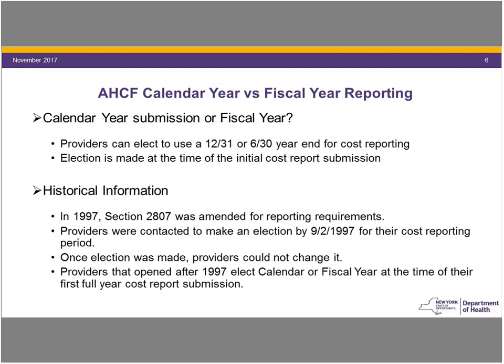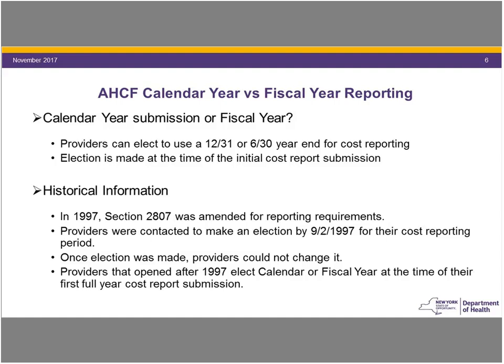The upstate is a calendar year, the downstate is a fiscal year, and there's two different reporting time periods. For the AHCF, the providers make the election themselves, and we also only have the cost report submitted once a year, so we don't have the different timing depending on the calendar or fiscal year reporting.